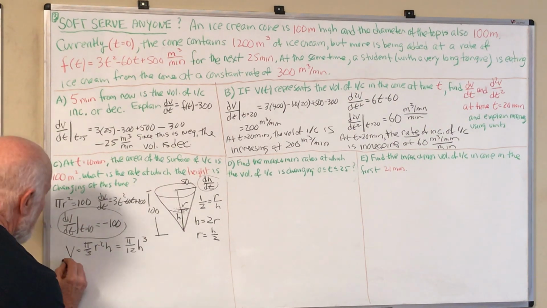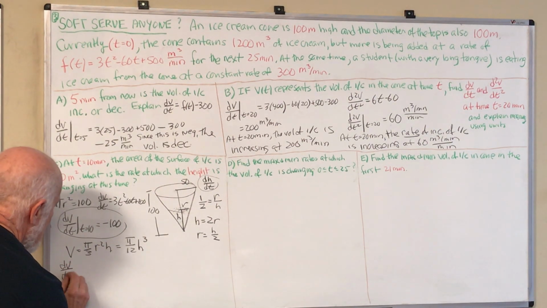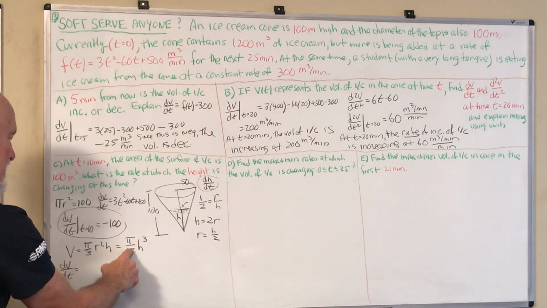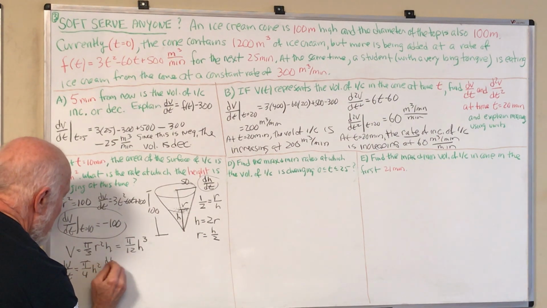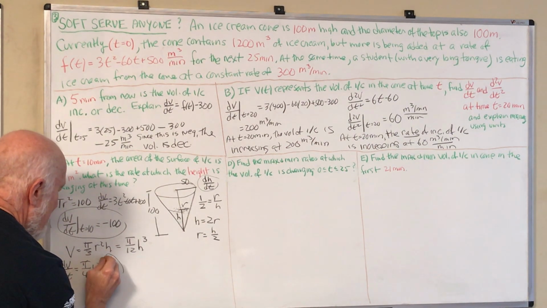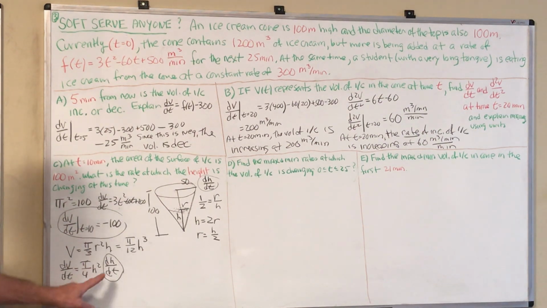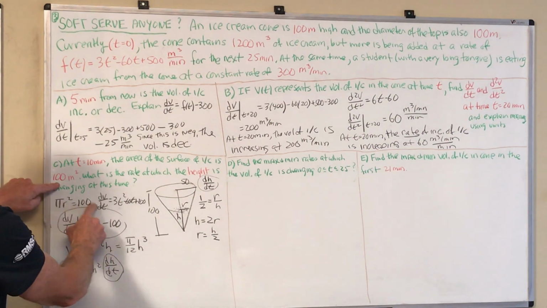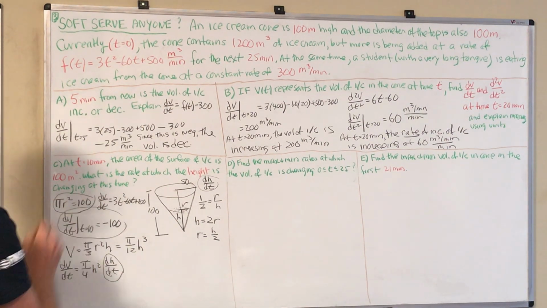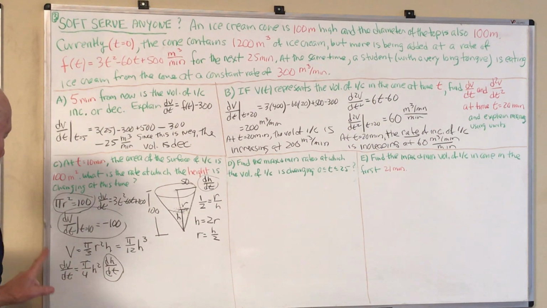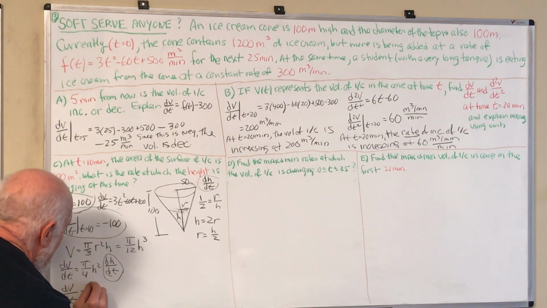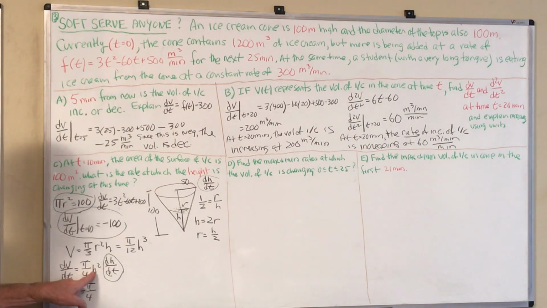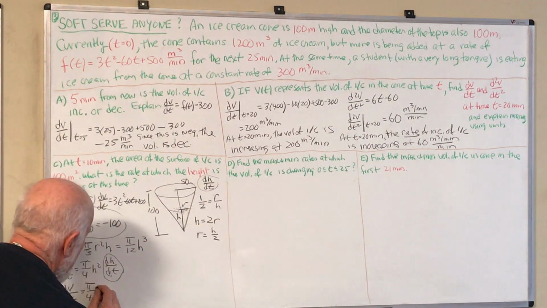Now I can take the derivative. dV/dt is 3 times that, or pi over 4 h squared times dh/dt. And this is what I'm trying to find. I'm trying to find it at the time that this surface area is this. So I know that pi r squared is 100. So what I can do, in place of h squared, I can put 2r squared.